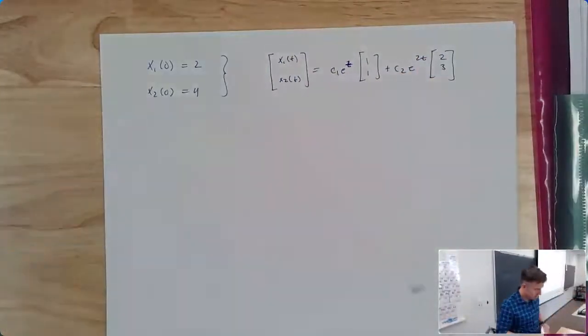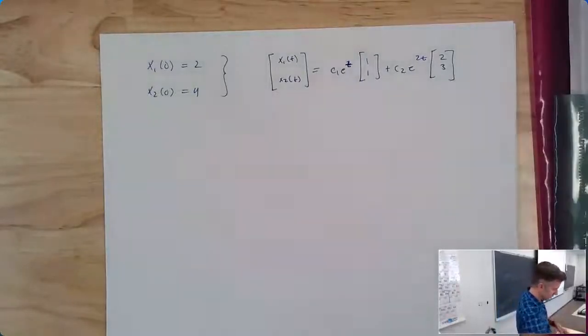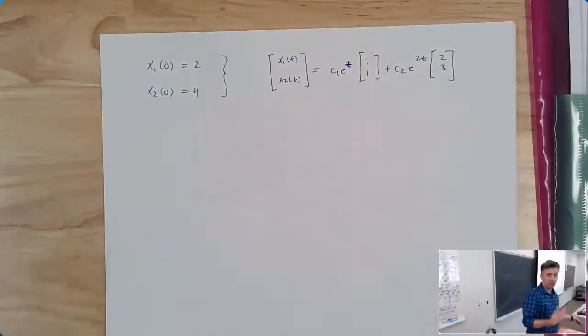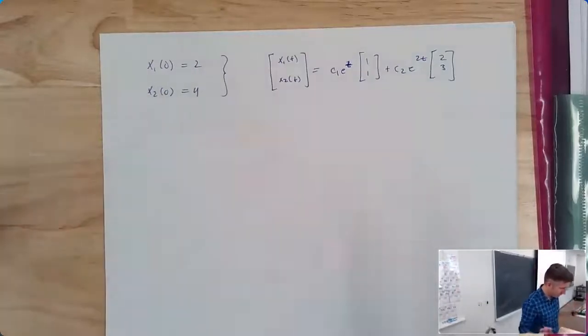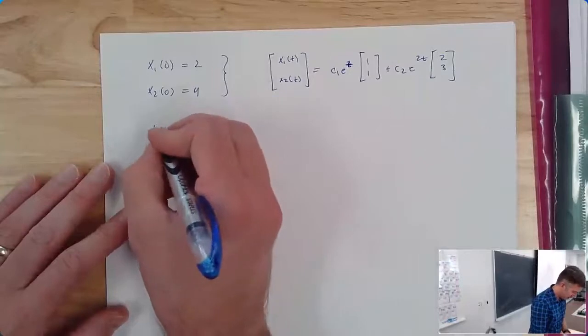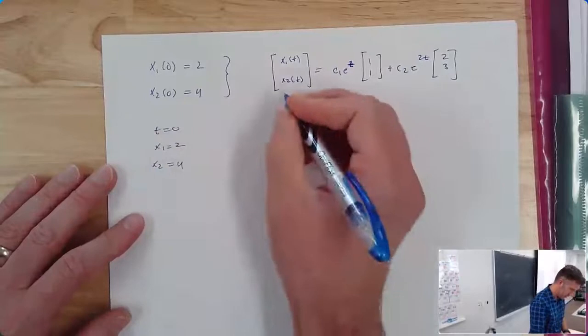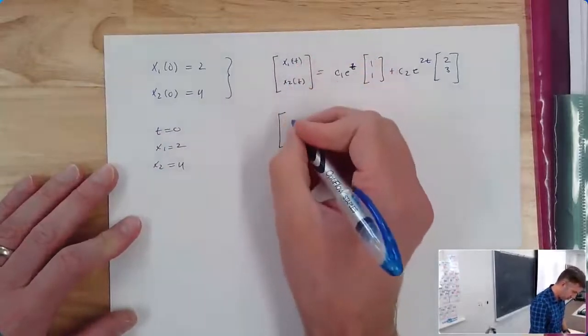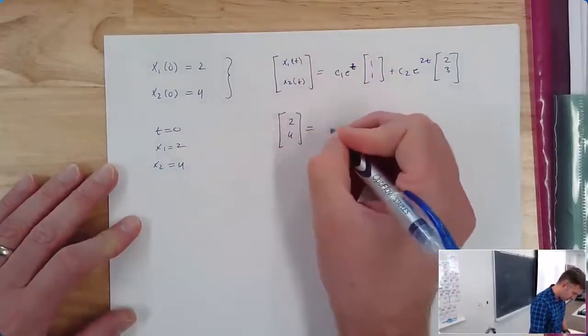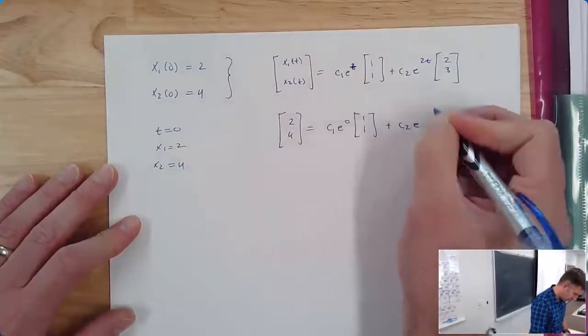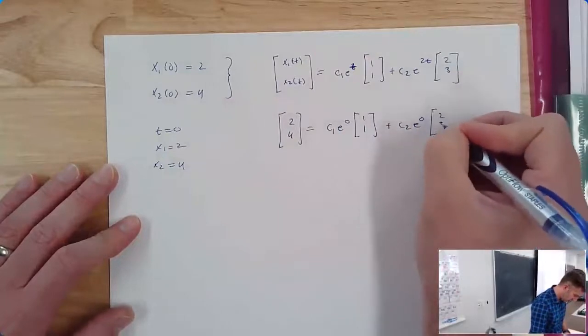Okay. So now we're going to use these initial conditions to solve for c1 and c2. And typically it's a situation of having two unknowns and two equations and solving for them, doing a little bit of algebra. So just plugging in our values, if I plug in t equals 0, x1 equals 2, x2 equals 4, I'm going to get 2, 4 equal to c1 e^0 times 1, 1 plus c2 e^(2·0) times 2, 3.